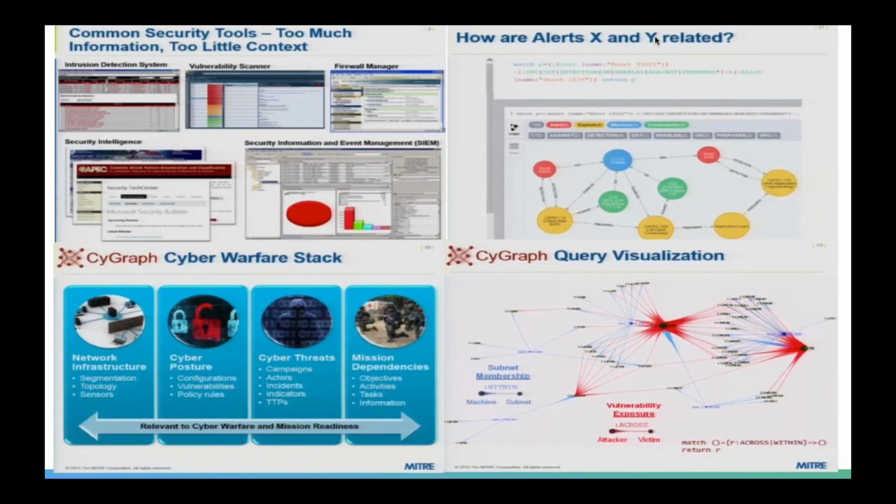Not only that, they then modeled typical threats and typical actors, typical incidents, the typical tactics, techniques, and procedures that hackers use also as a graph, and they then also modeled mission dependencies.